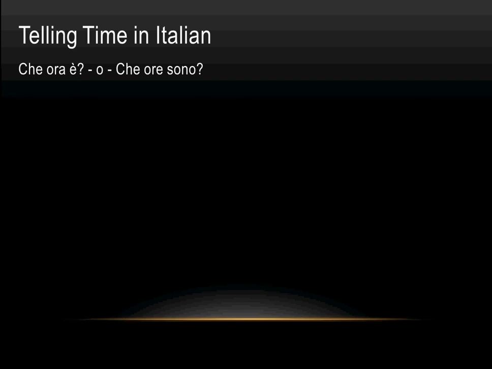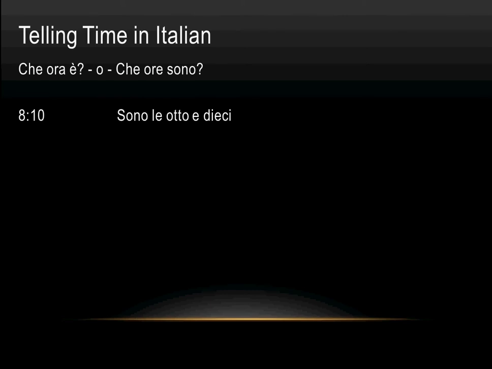Che ore è or che ore sono? What happens if it's not straight up 1 o'clock or 2 o'clock and we need to express minutes? Well, in Italian it's actually quite easy. For instance, 8:10. Sono le 8:10. Okay, we already figured out how to do the sono le 8.